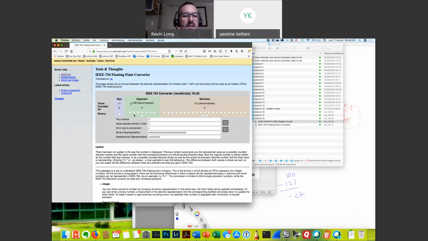You can do it one of two ways. You can set the bits here that you find in your floating point number. Just set wherever they are, and it will tell you in decimal the representation is minus 642.5078. And you can't always represent exactly a decimal number.